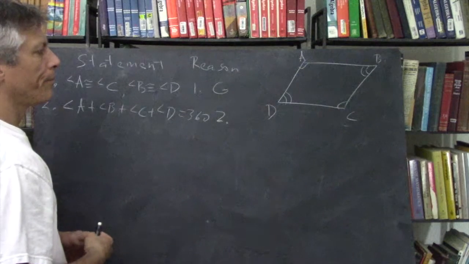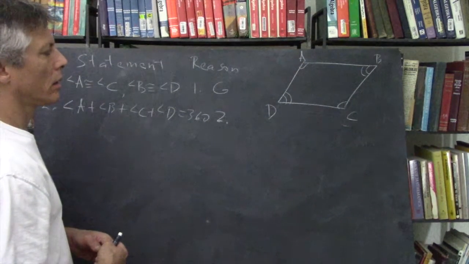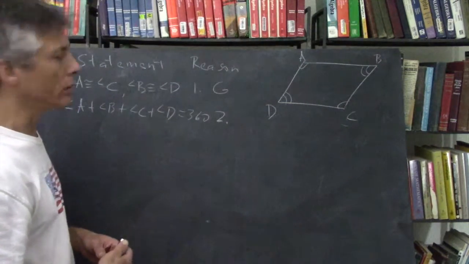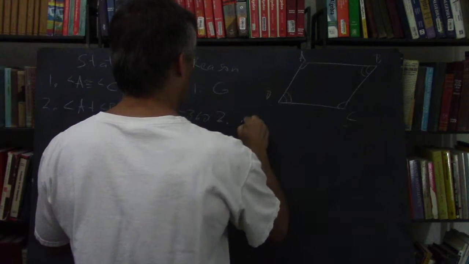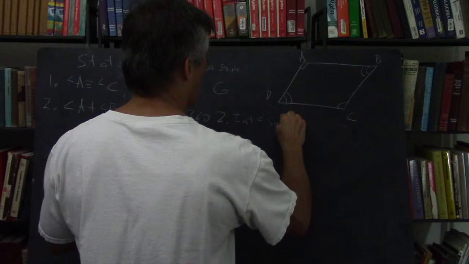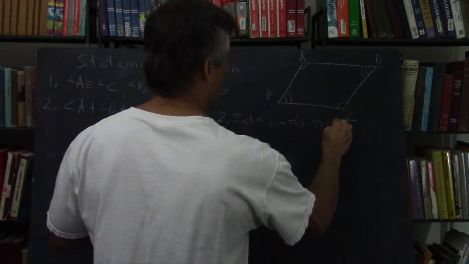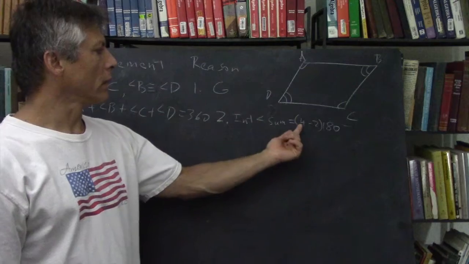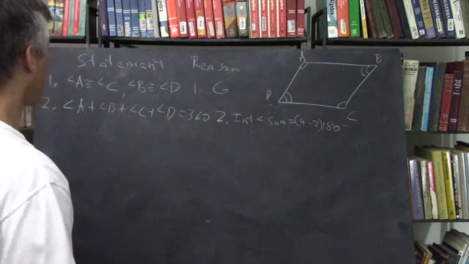Okay, and that's because the interior angles add up to n minus 2 times 180. Remember, since n is 4 here, we have 4 minus 2 times 180, and that'd be 360.